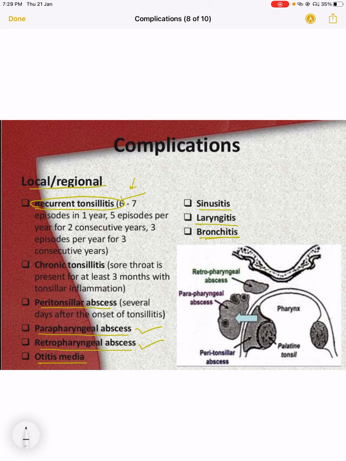If the infection from the pharynx goes to the middle ear through the eustachian tube, it forms acute and chronic otitis media. If it goes to the sinus, it forms sinusitis. If the infection goes to the larynx, laryngitis. If it goes to the bronchus, the inner part of the airway, it forms bronchitis. These are local or regional complications.